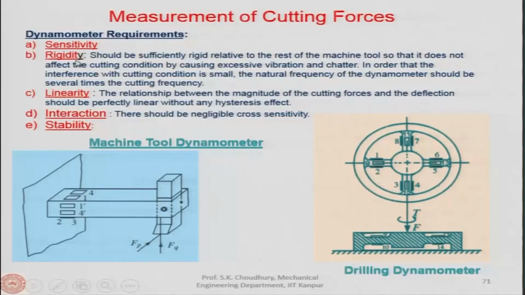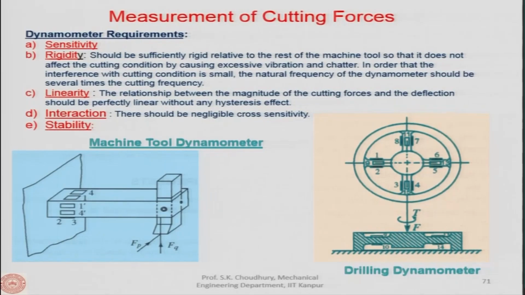Second is the rigidity. Rigidity should be sufficiently high. Dynamometers should be sufficiently rigid relative to the rest of the machine tool, so that it does not affect the cutting condition by causing excessive vibration and chatter. What we mean to say is that the dynamometer is attached to the tool post.